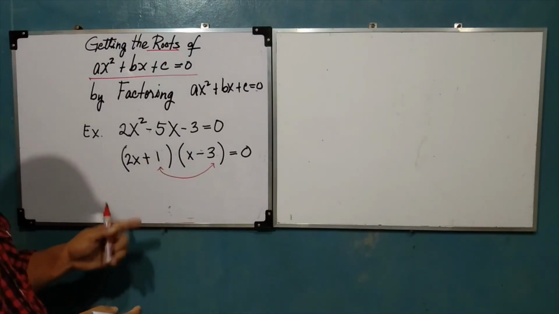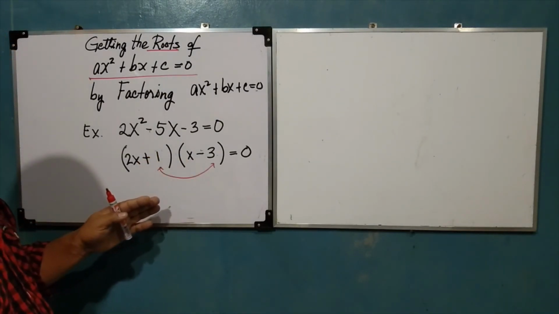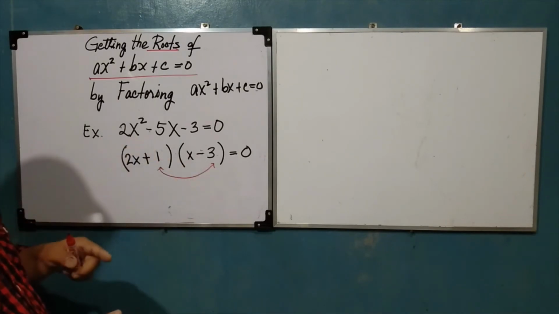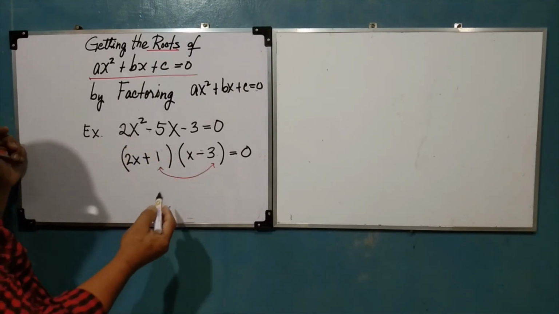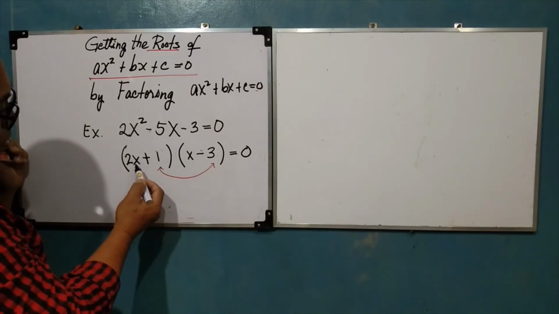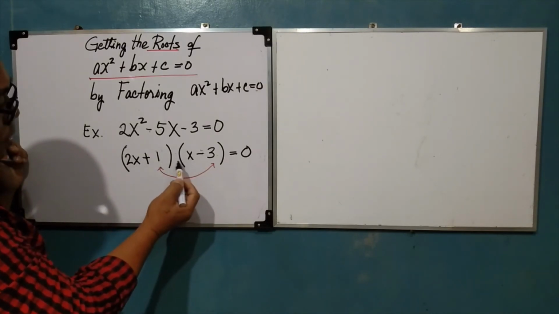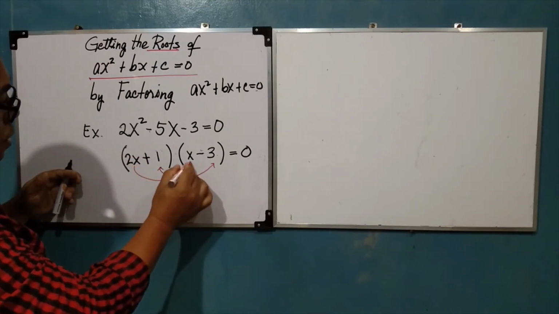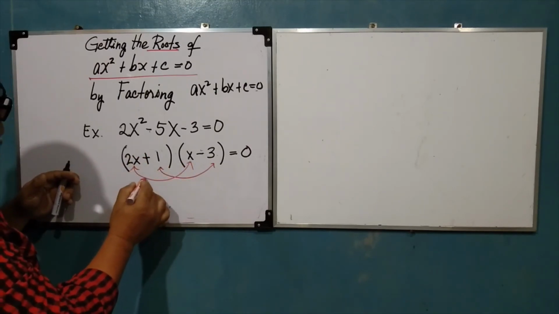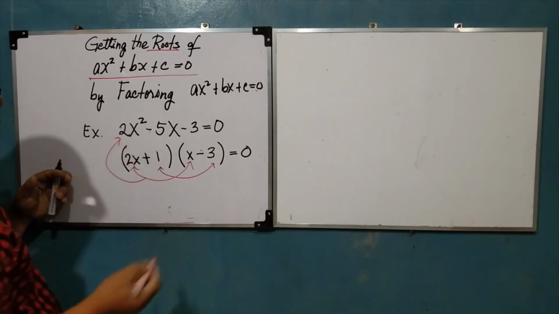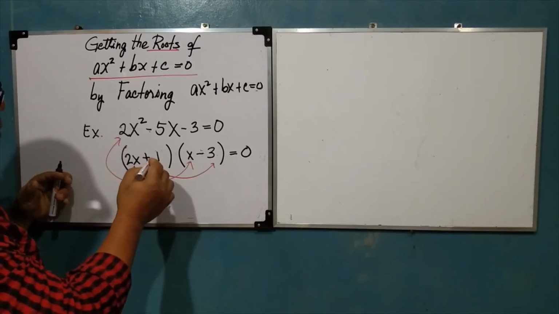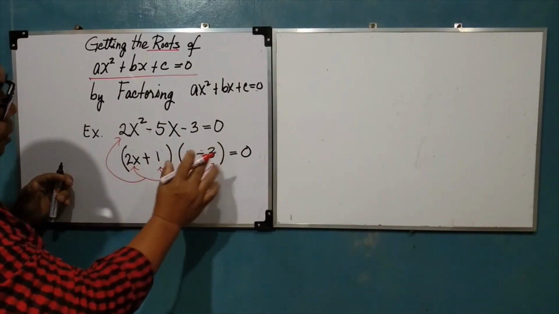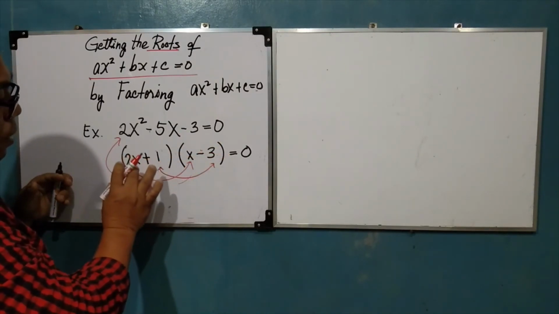Okay, let us check if these are the factors of this quadratic equation. So let's do it. 2x times x, you'll get that one. Then first term, remember the rule in multiplying binomial factors?